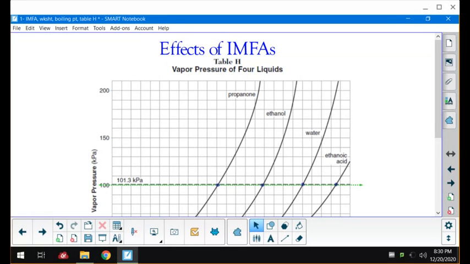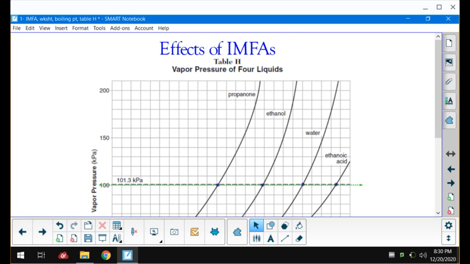The next substance is water, and water is a very polar molecule, and it has strong intermolecular forces of attraction. And then there's another particle here. It's called ethanoic acid, and ethanoic acid is the primary component in vinegar. Vinegar is called ethanoic acid or acetic acid.